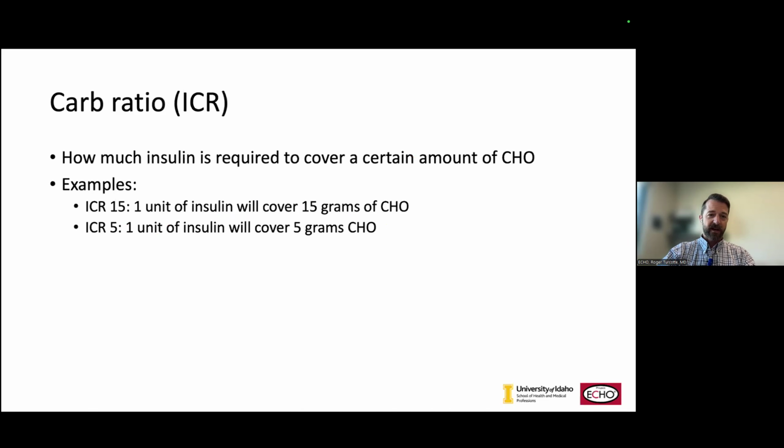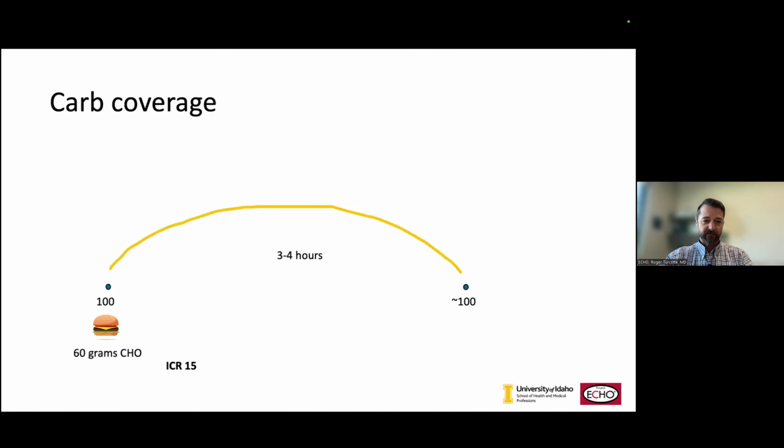But we have to apply a carb ratio, and a carb ratio is just how much insulin is required to cover a certain amount of carbohydrates. So if the insulin to carb ratio is 15, then 1 unit of insulin will cover 15 grams of carbohydrates. And if it's 5, then 1 unit will only cover 5 grams.